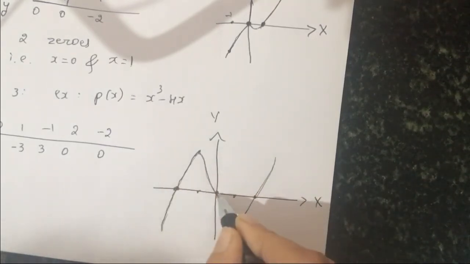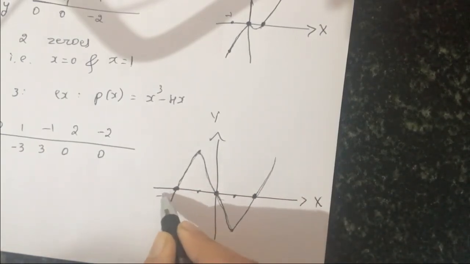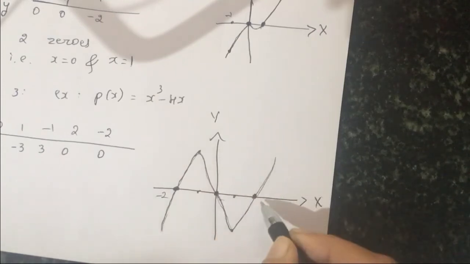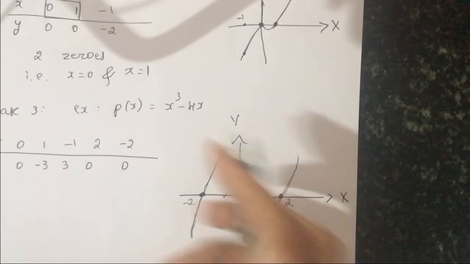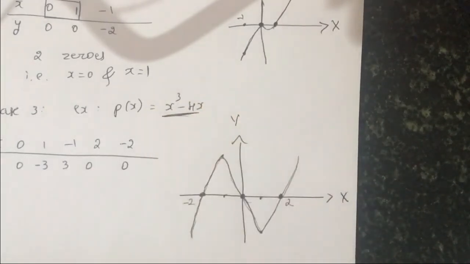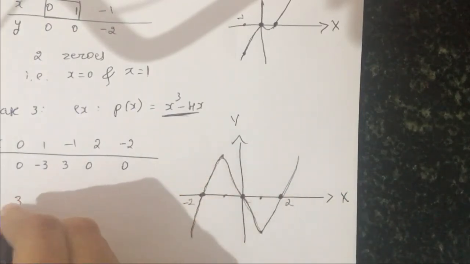Here it is intersecting the x-axis at 3 points. One is minus 2, another one is 0, and the third one is 2. So you can say the polynomial x cube minus 4x has got 3 zeros.